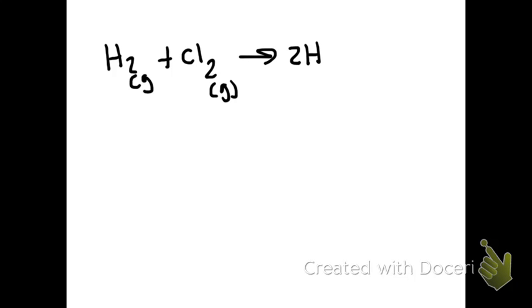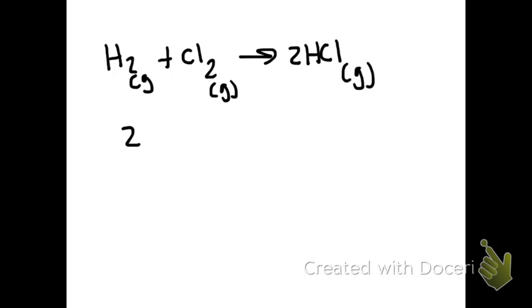Let's say that we're going to go from H2 gas plus Cl2 gas, and we're going to make 2HCl gas. Alright, now here all the states are gases. So now we're going to look at the number of gas molecules on each side. On the reactant side, we have 1 mole of hydrogen gas and 1 mole of chlorine gas.